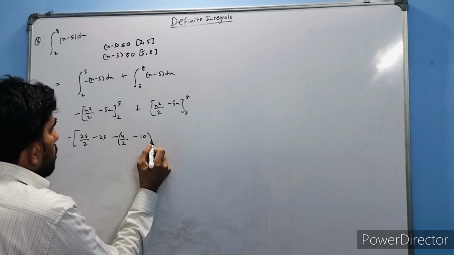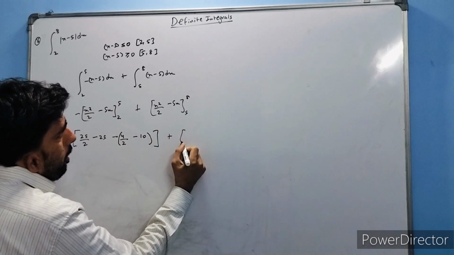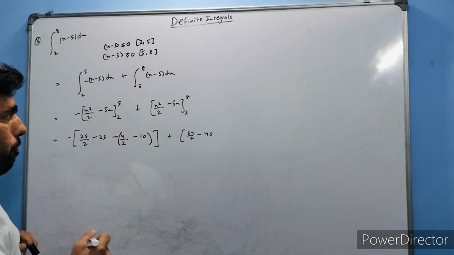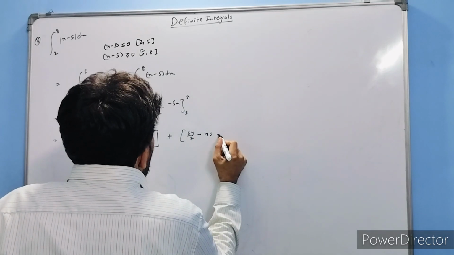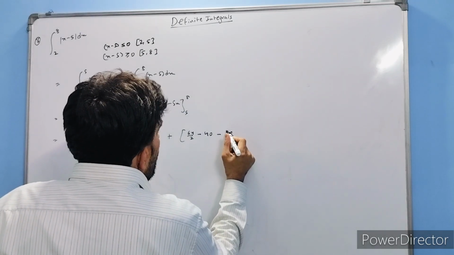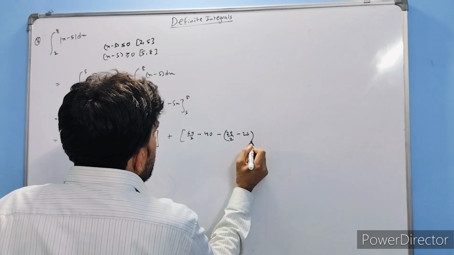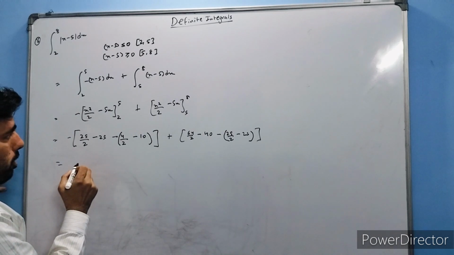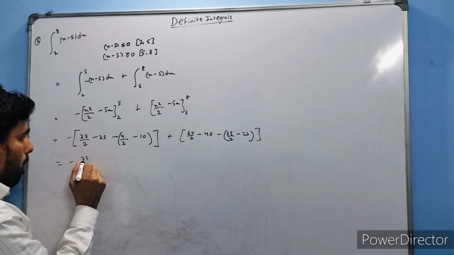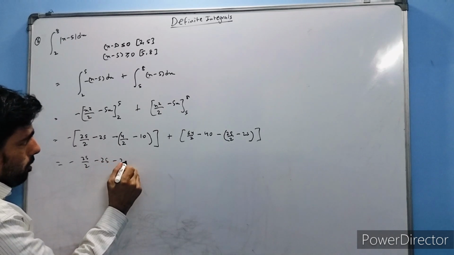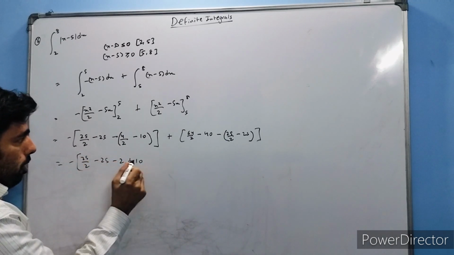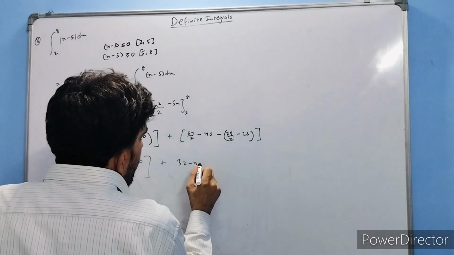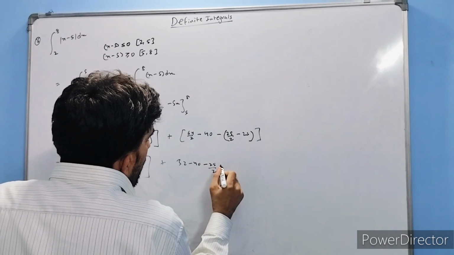Now I got this plus 64 upon 2 minus 40, and minus 25 upon 2 minus 25. So we got this. Now we can easily solve what we got here: 25 by 2 minus 25 minus 2 plus 10. Now here also 32 minus 40 minus 25 upon 2 plus 25.